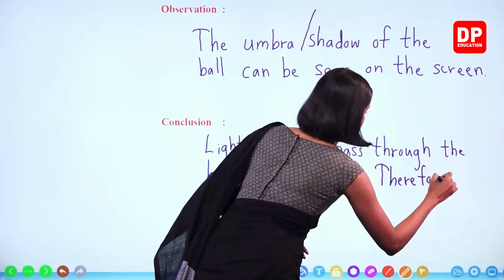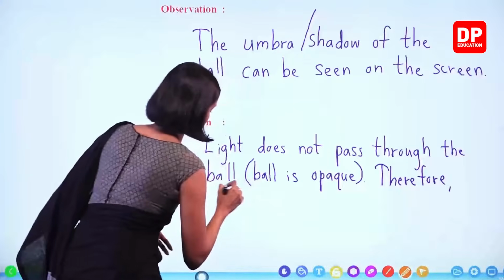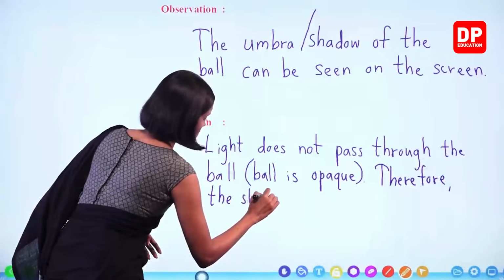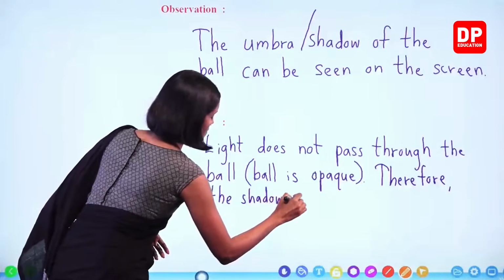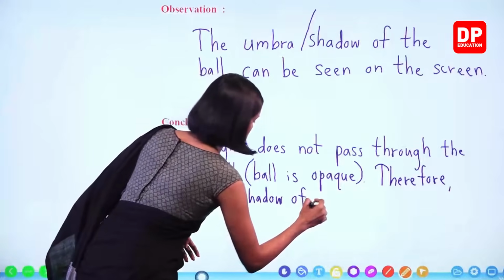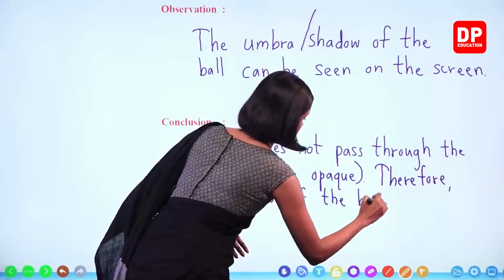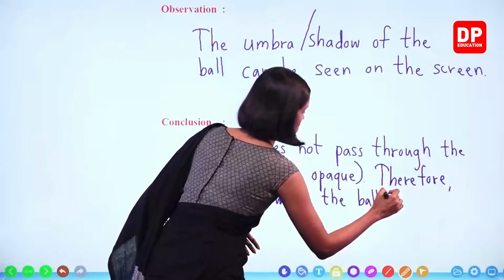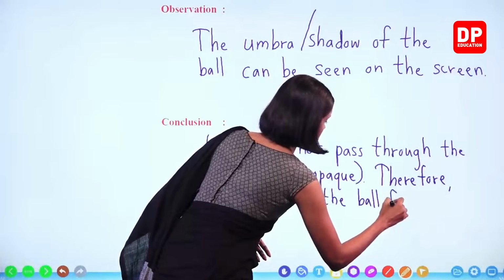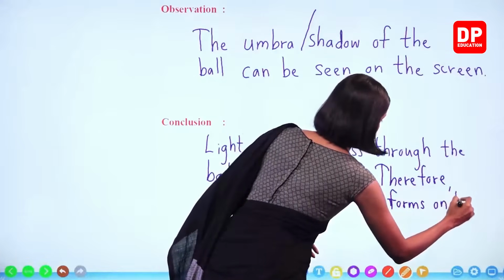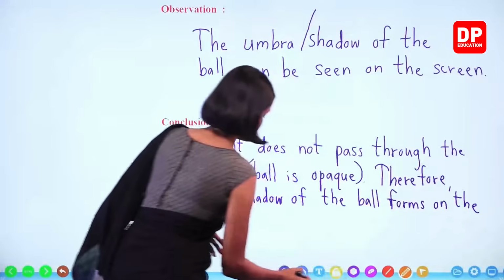Therefore, shadow of the ball forms on the screen.